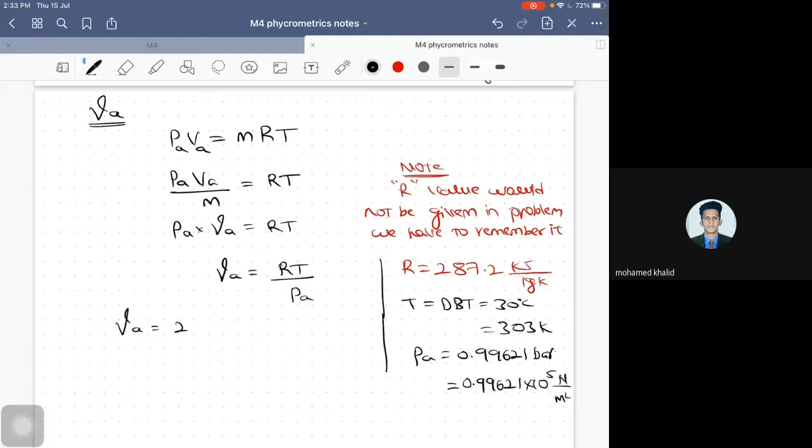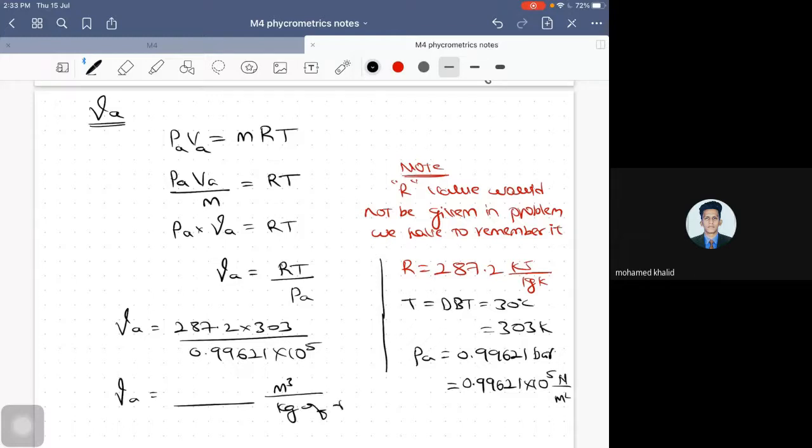It is 287.2 cross 303 divided by 0.99621 cross 10 to the power of 5. From this, what is the value of va I'm going to get? And the units are meter cube per kg of dry air.